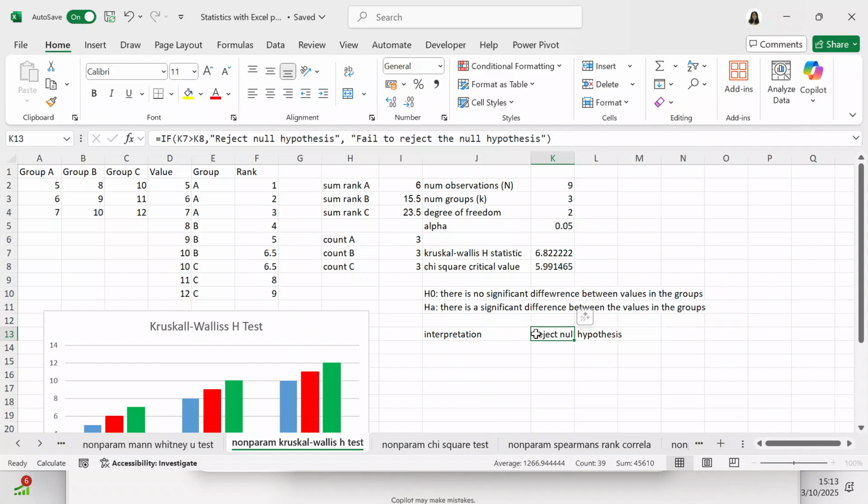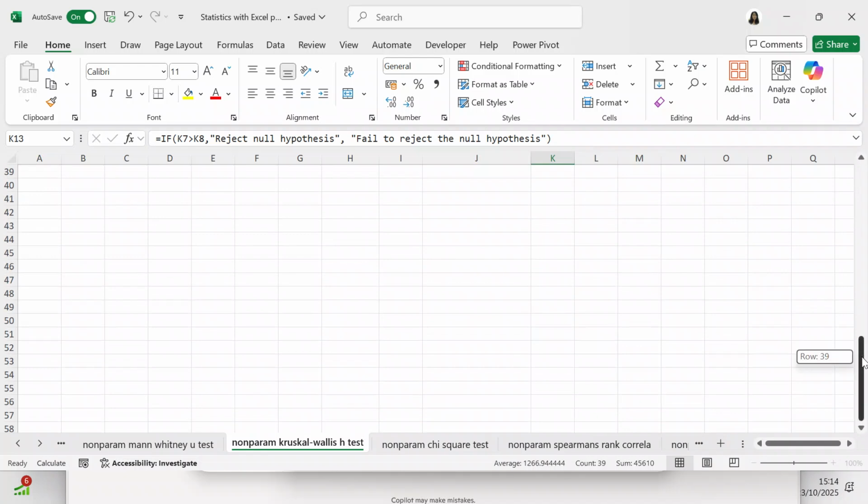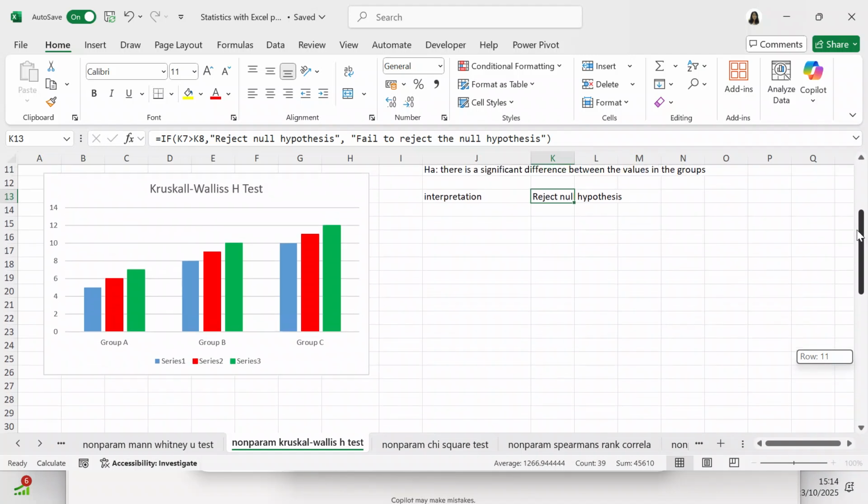Since K7, that's your H statistic, is 6.8, and K8, your chi-square critical value, is 5.99, K7 is greater than K8. So that means you're going to reject the null hypothesis, which means there is a significant difference between the values in the groups.